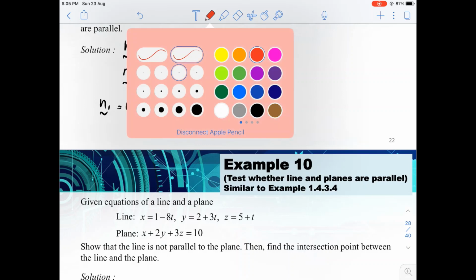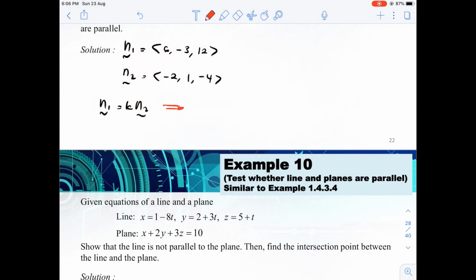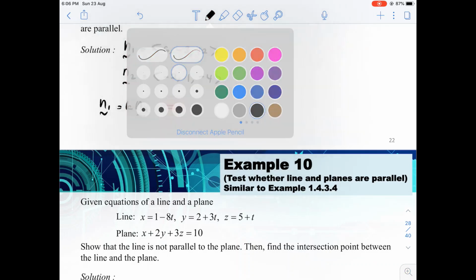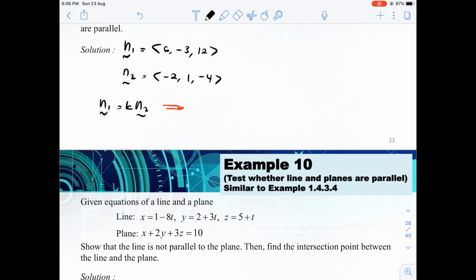So in this case, is there any value such that 6 equals k multiplied by negative 2? Let us look at one item at a time. 6 is actually 3 times negative 2, so we have a coefficient for negative 2 times 3.